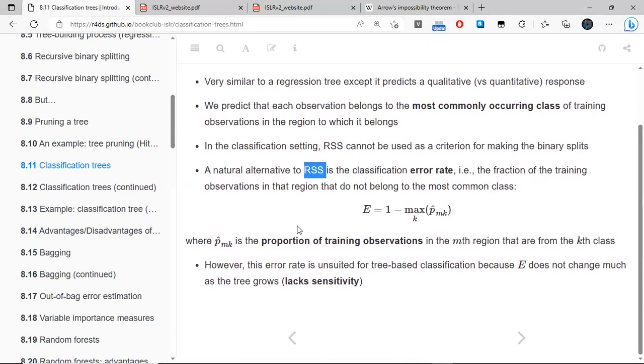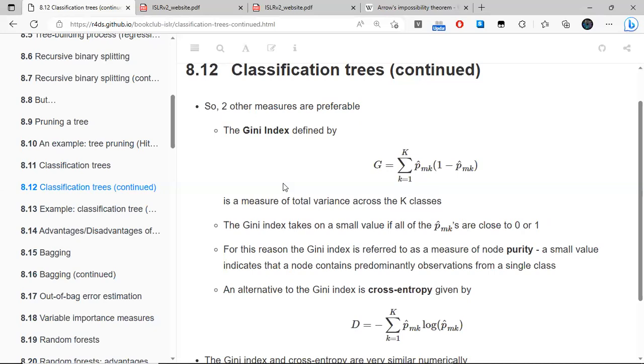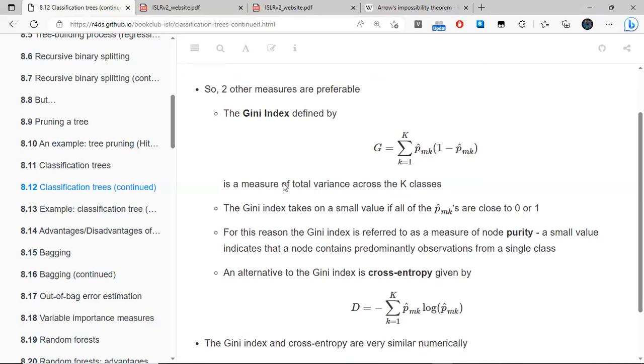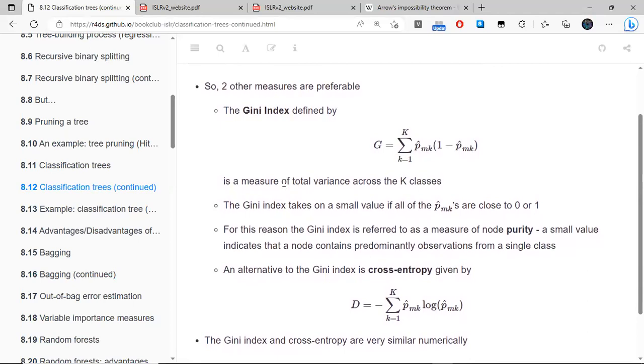However, it turns out that this value is not sensitive enough for all the possible trees that we are going to consider in order to get the optimal one. So we need another value to minimize. There are at least two good candidates.